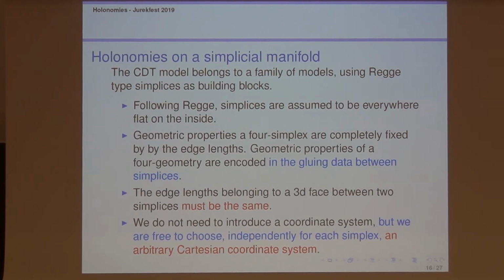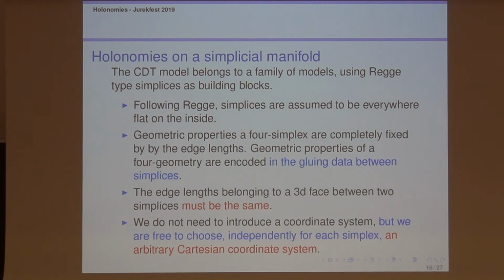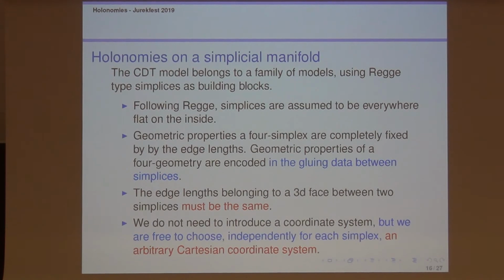And these edge lengths, as I have told you, are in the model assumed to be rather universal, so the spatial and time links are the same everywhere. If we glue together such simplices along a 3-dimensional face, all lengths in this face must be the same in order to connect the two simplices, which is a rather obvious requirement.